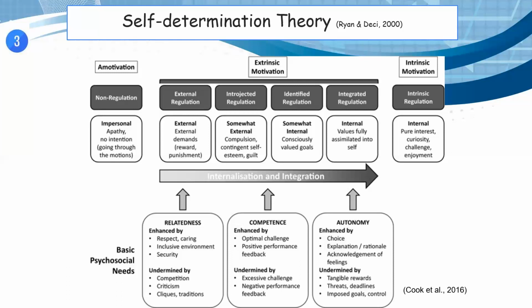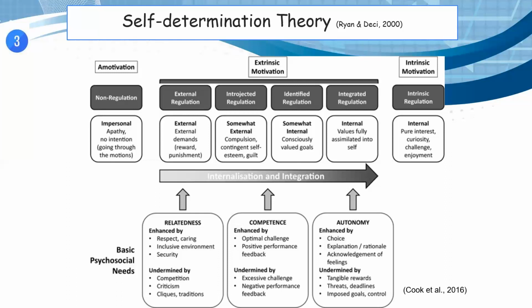The individual is acting in order to fulfill self-esteem, self-confidence, in order to achieve recognition or some kind of acknowledgement from other people, and also to avoid guilt and avoid shame. This form of regulation is still quite external. The individual has not aligned their own sense of values, their own goals, with the values or goals of the task. It is still somewhat external.